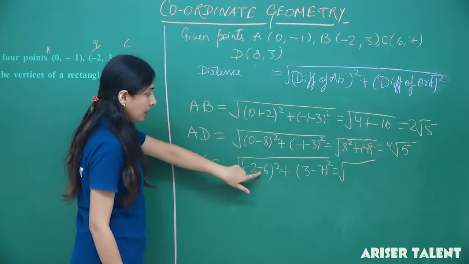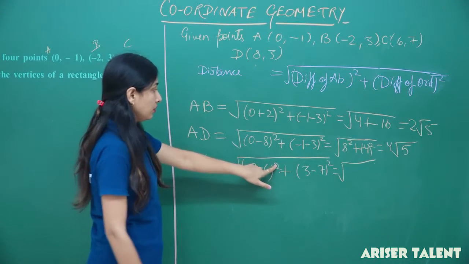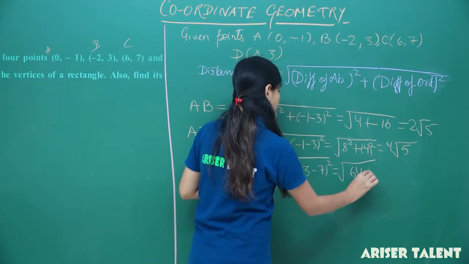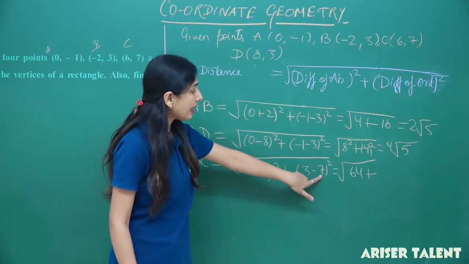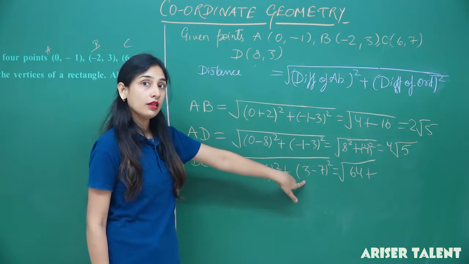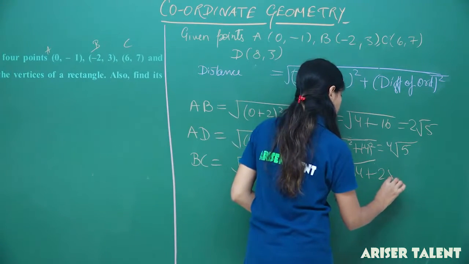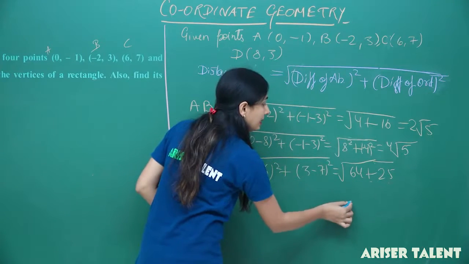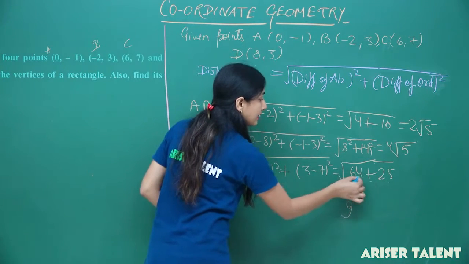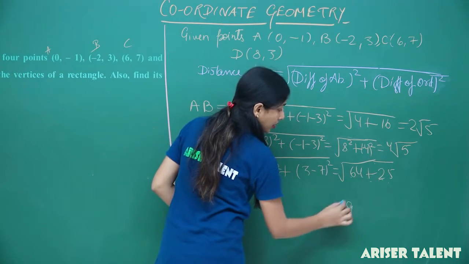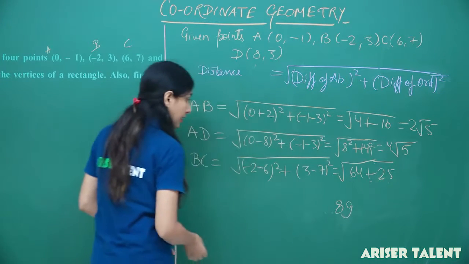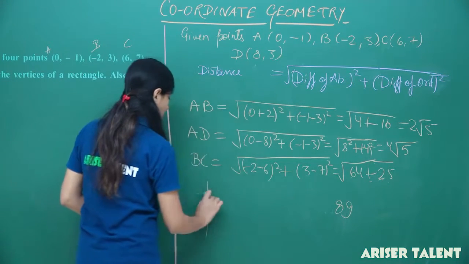Now that will be 8 squared, so 64, plus 7 minus 3, that is 4 squared, 16. So 64 plus 16 is 80.